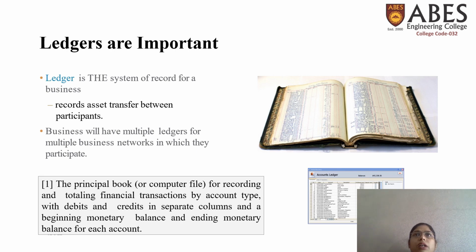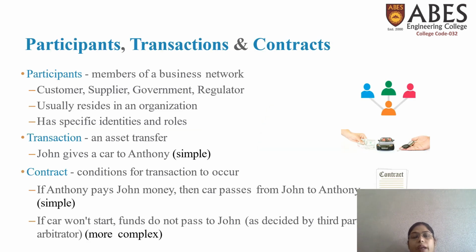So we can consider it a physical ledger book, or we can also consider it a kind of an Excel sheet which keeps the record of big, small, whatever we are doing with the account. So these are the basic terms which will help us to learn more about the blockchain.